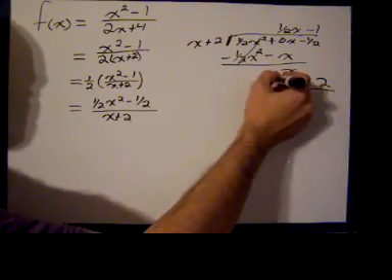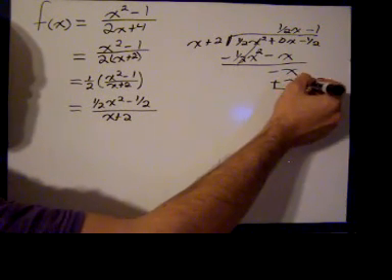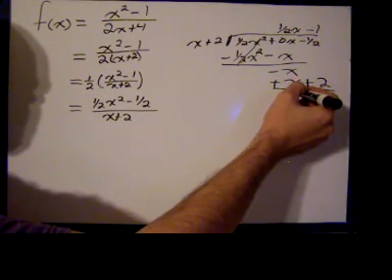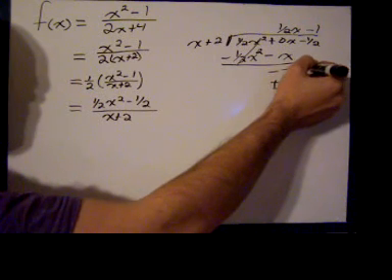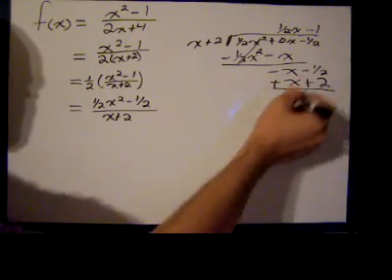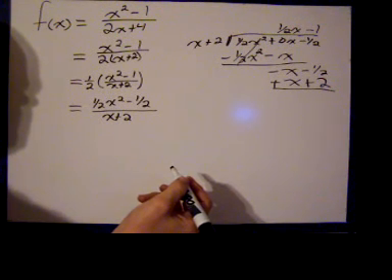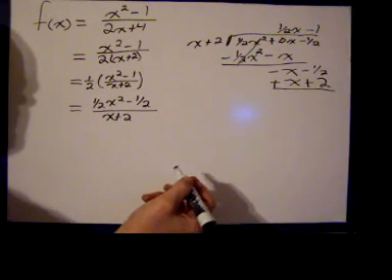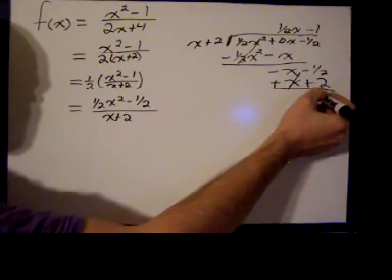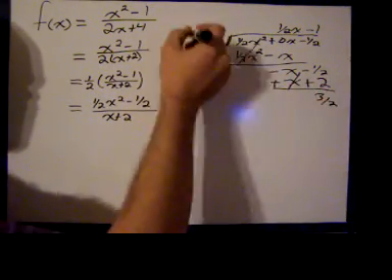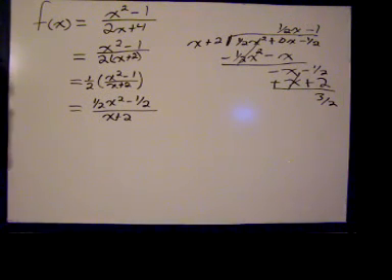Now when I subtract, it changes these negatives to positives. And I'm bringing this down as well. And now these cancel, and I get 3/2. I can no longer divide x into 3/2.